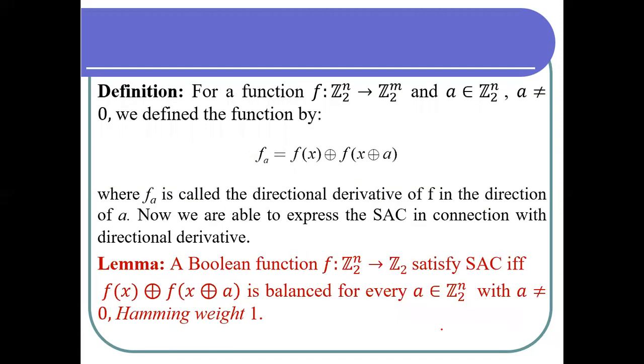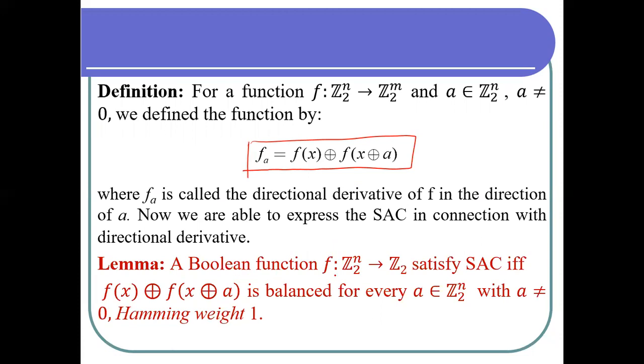I can take another simplified definition with the help of the directional derivative of a Boolean function f in the direction of a. It is like this. This is the directional derivative of a multi-valued Boolean function f in the direction of a.